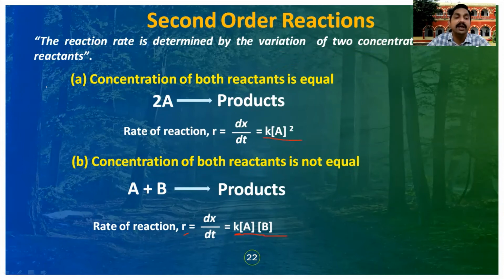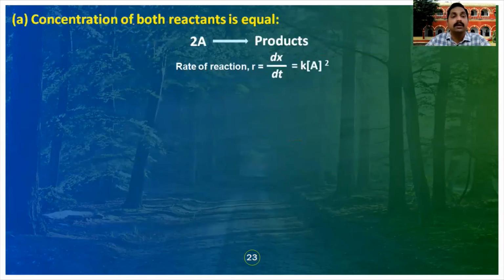Now let us take case 1. Concentration of both reactants is equal. 2A to form product and rate of reaction R is equal to dx by dt is equal to k A square. If you see here, what is concentration of A? Concentration of A is the concentration of A at time t, or the concentration of A left behind at time t, that is equal to a minus x.